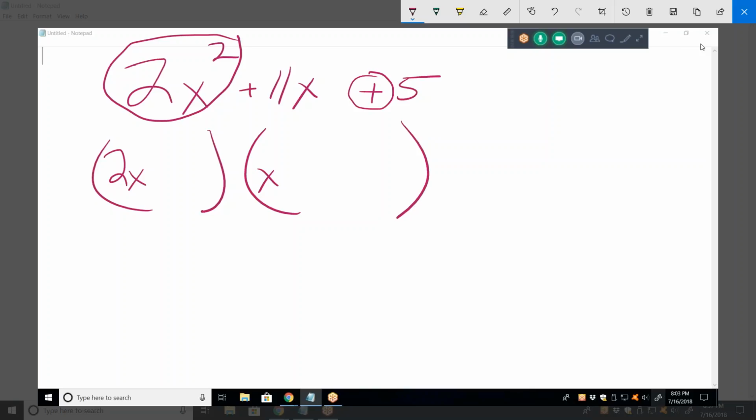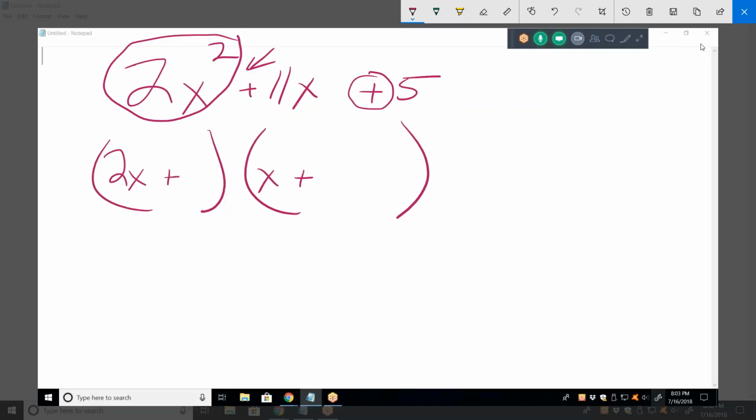When you multiply these two things together, the only way you can get a plus sign is if it's minus times minus or plus times plus. So the thing this plus sign tells me is that both signs have to be the same, not opposite. And to figure out whether it's minus minus or plus plus, again, I look to the middle term. That's a plus. That makes it plus plus.